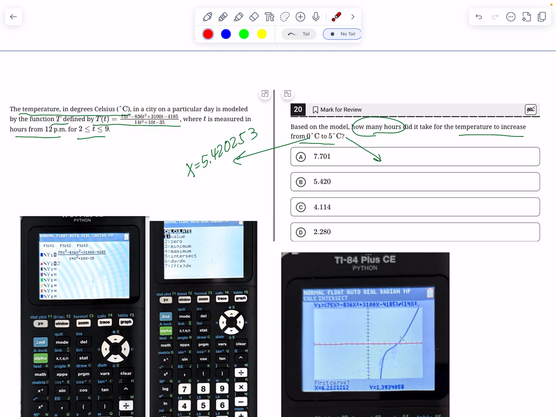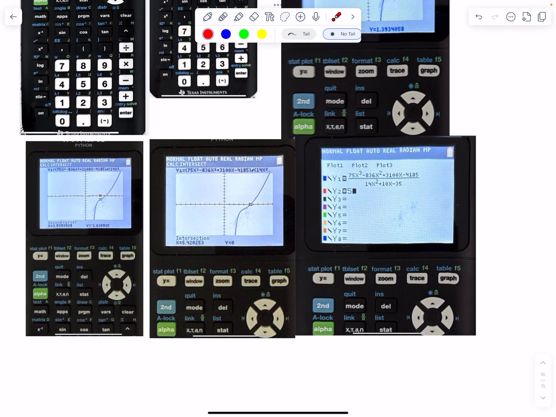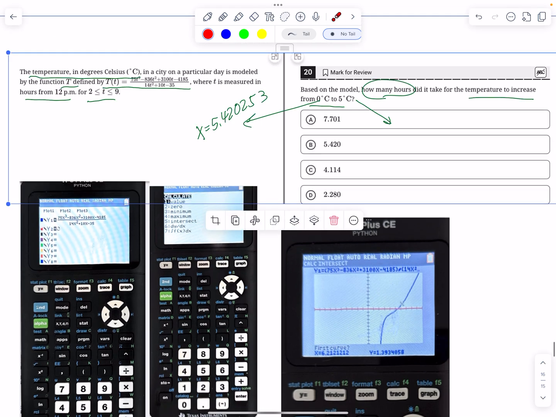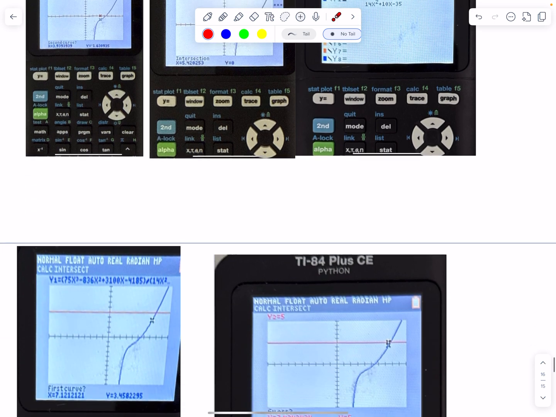And now we have to do the same thing for when the intersection of this function is with 5. And so we do the same idea. We go back to Y=. You keep the first as Y1, which is the original equation. And then on Y2, you put 5 because you want the intersection at 5 degrees Celsius. And then you go through the same process.